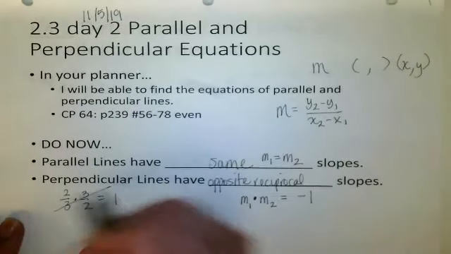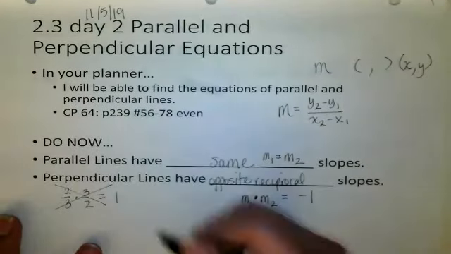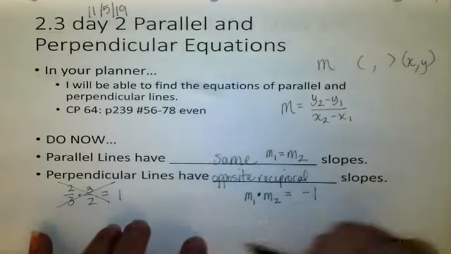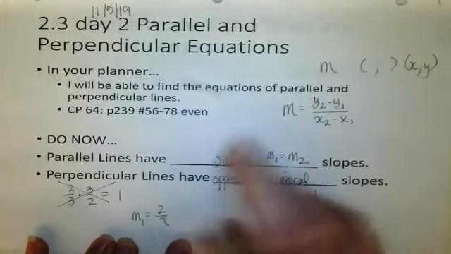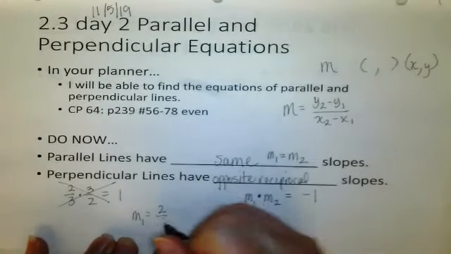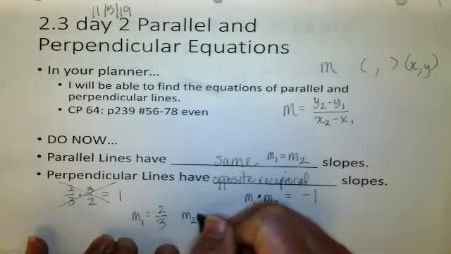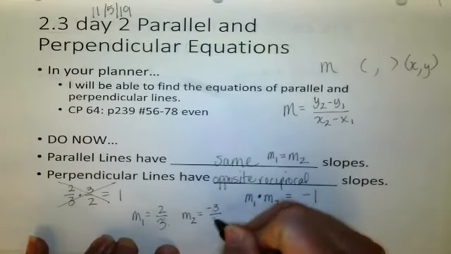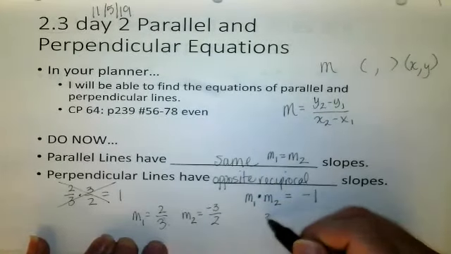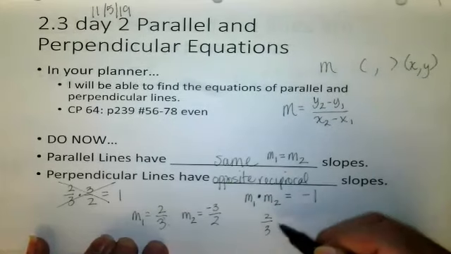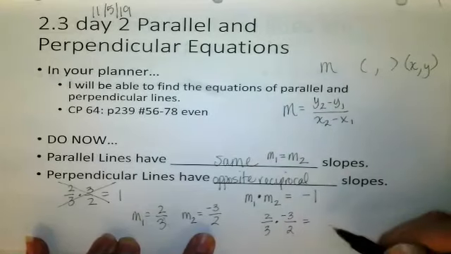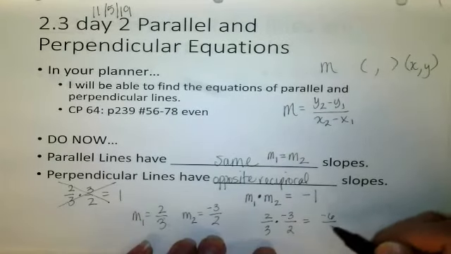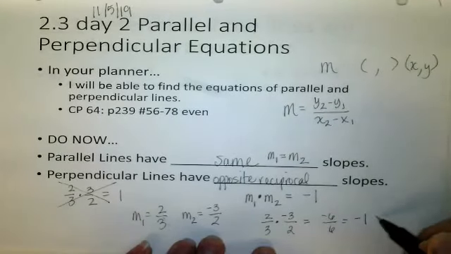So these are not perpendicular slopes. Give me an example of two perpendicular slopes. Let's do 2/3, and then what would the second slope be? -3/2. Good. And so you can see if we actually try this little equation, the product of the slopes becomes -6/6, which does in fact reduce to -1.